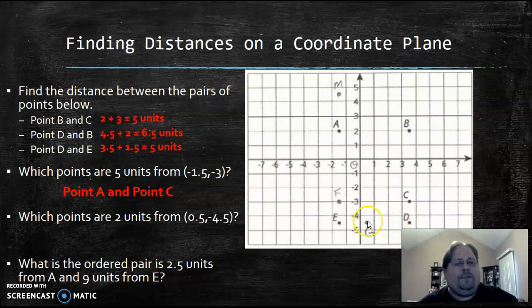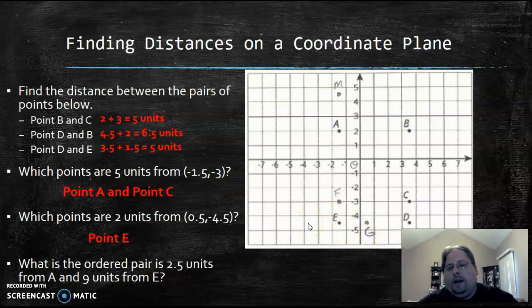If we go to the left 2 units, that's a half a unit to the y-axis, and then we need another 1.5 units, which would get us to point E. So point E is the only point on here that is 2 units from 0.5, negative 4.5, or point G as I labeled it on the graph.